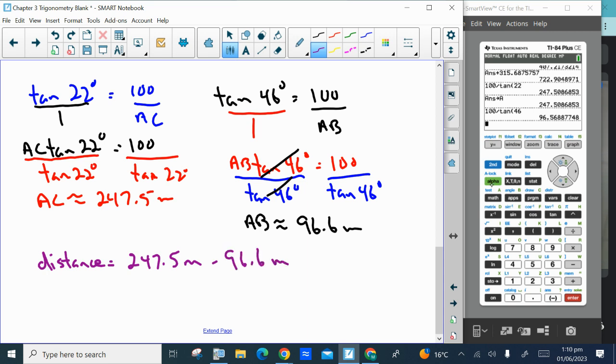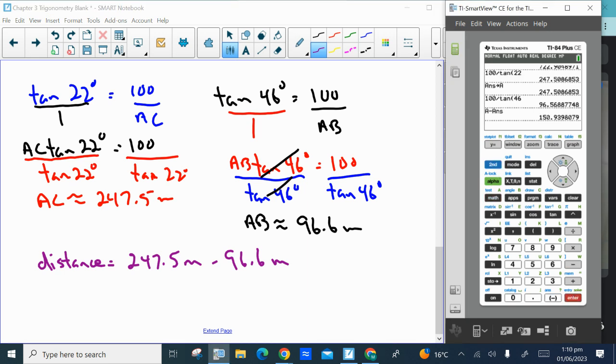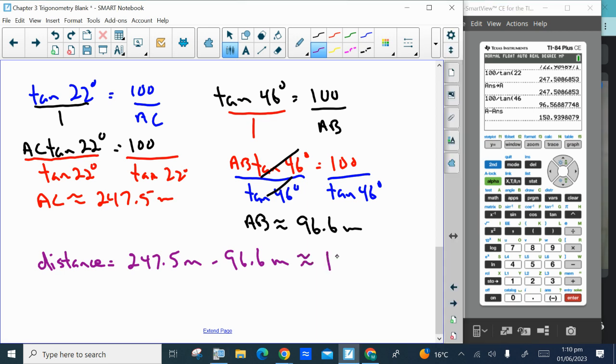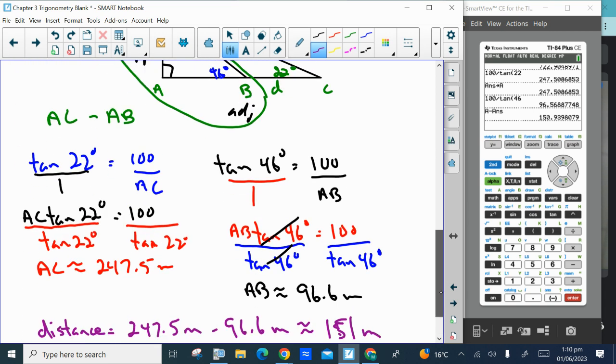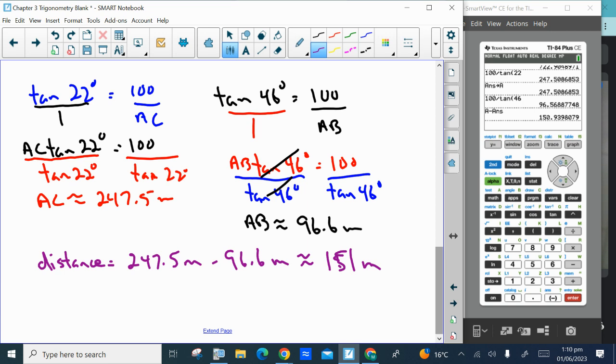So memory slot A minus the previous answer, 150.9 or approximately 151 meters. It says to the nearest meter, so there it is. Okay?